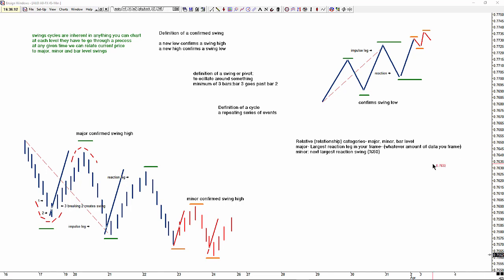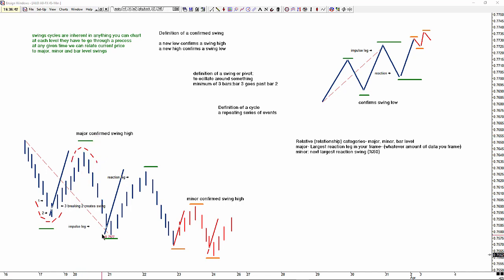Okay, let's do a quick recap. We have a swing. You basically need 3 bars for a swing, right? Bar 3 takes out bar 2. It's just a swing. It's just a pivot. Now, if price takes out a prior swing, we can now confirm this swing. So this swing grows up to be a confirmed swing.